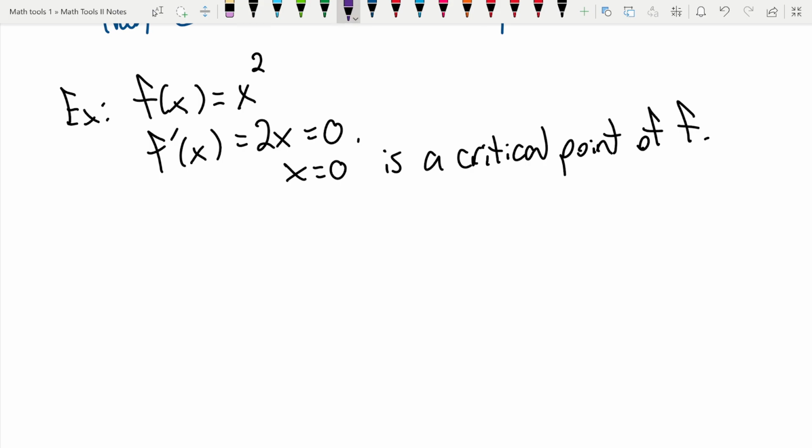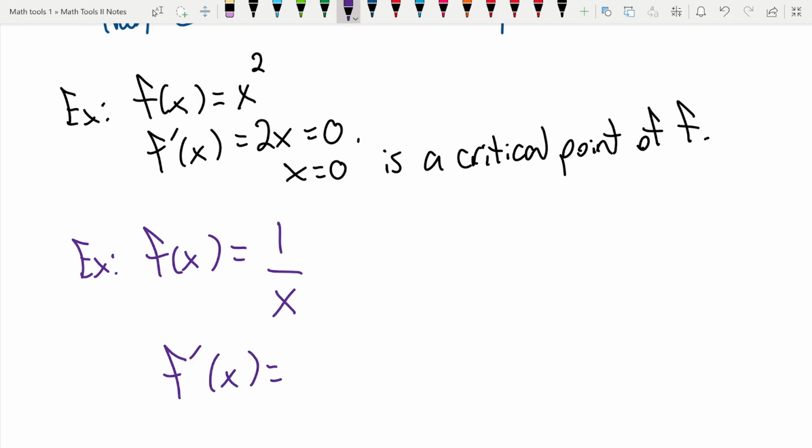Let's look at some more examples. What if we just have something like 1 over x? Here f prime of x is negative 1 over x squared. And this is not going to be equal to 0 anywhere. If we set it equal to 0, we're not going to come up with any x values that will work here. So we're really just looking for where it is undefined.